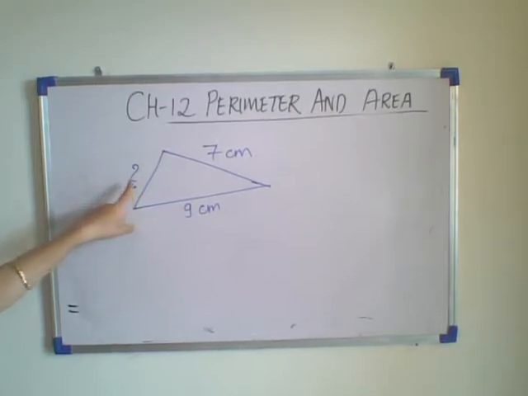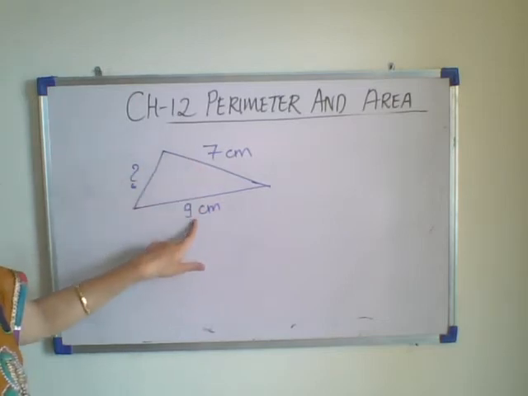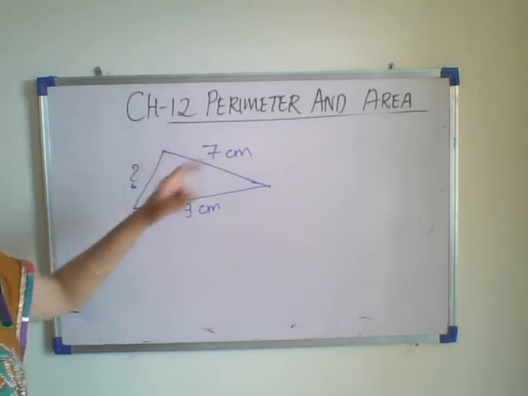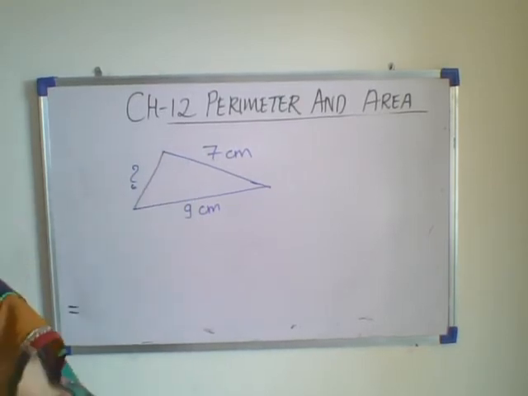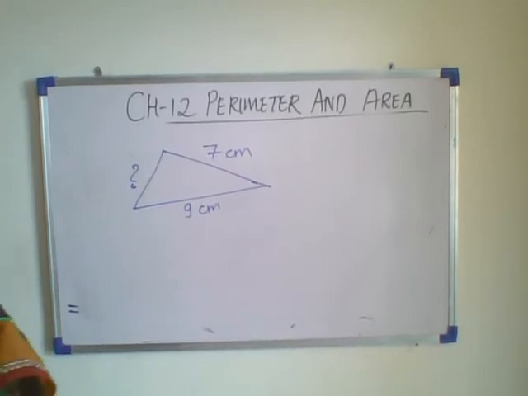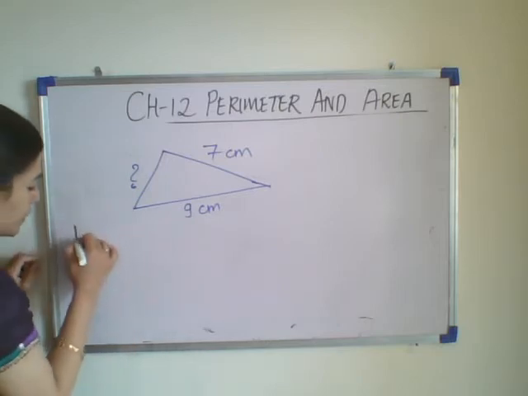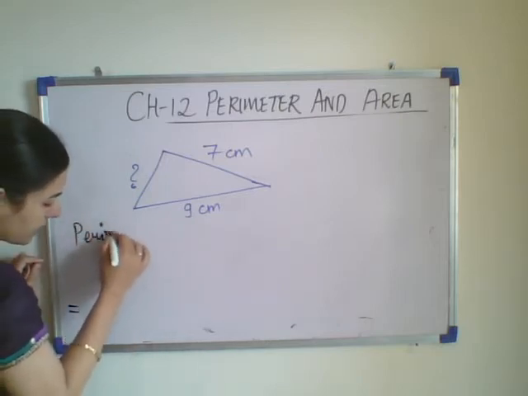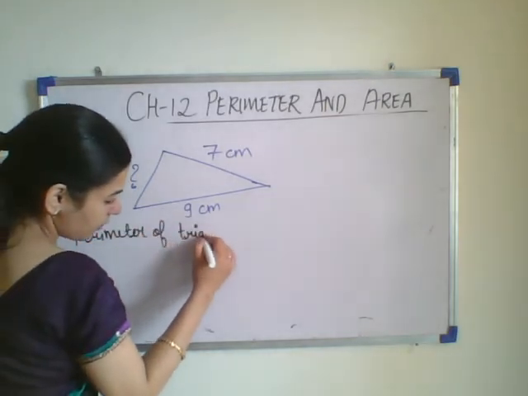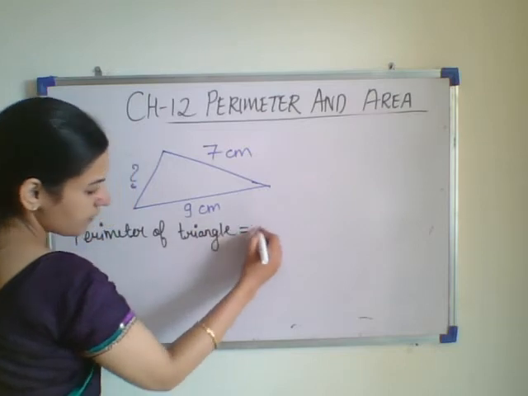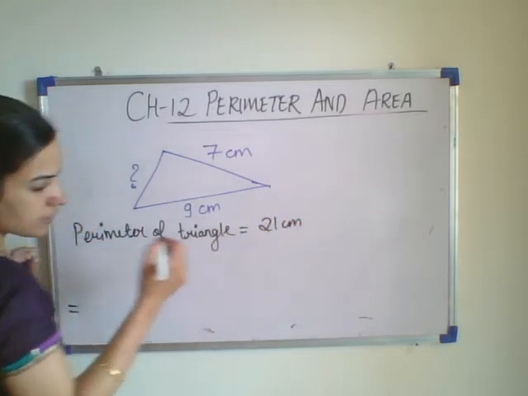What is perimeter? It is the addition of these 3 sides. If we add these 3 sides, then we get the perimeter. So the perimeter is given in the question and we have to find the missing side. So let us do this question. The perimeter of the triangle is given, it is 21 centimeter.